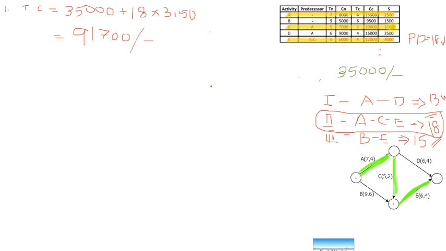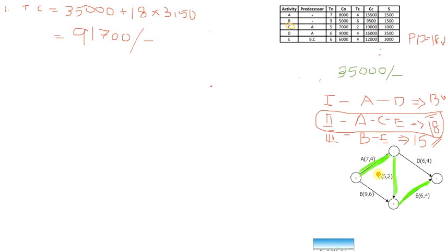In these three, A, C and E, the least crash slope activity is activity C. So we will be selecting activity C for crashing first.